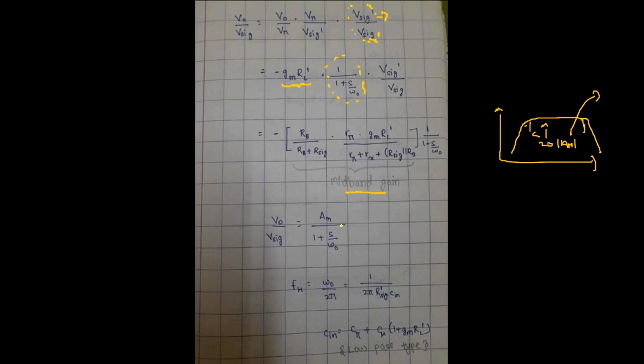So I finally get the voltage gain as AM divided by 1 plus S by omega naught.